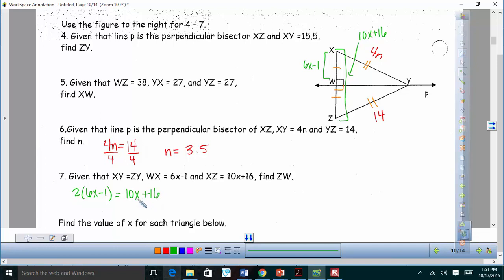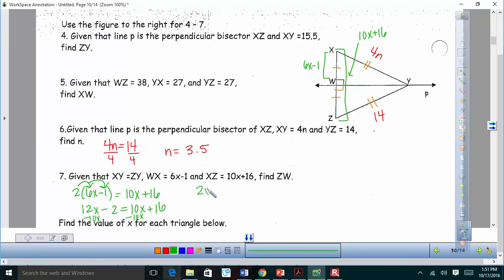So from there we just take 2, we distribute. 2 times 6x gives us 12x. Minus 2 times 1 is 2 equals 10x plus 16. Okay, so from there we subtract 10x.